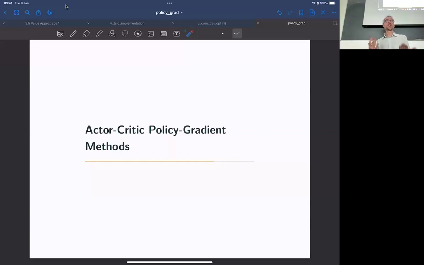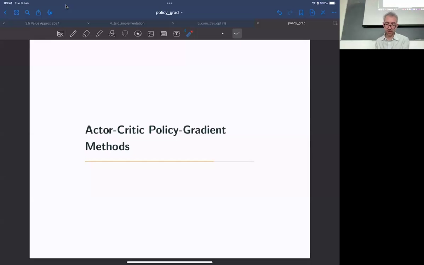But in exchange for this bias, we reduce a lot of variance, and so we get faster convergence, which is in the end what we care about. The same line of thought can also be applied to these policy-based methods. We can switch from Monte Carlo to temporal difference principles, accepting that we're going to introduce some bias, but in exchange for a smaller variance and so faster learning.